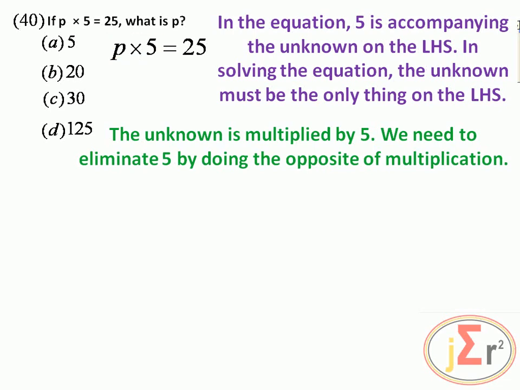We need to eliminate 5 by doing the opposite of multiplication. And what is the opposite of multiplication, Jerry? Division. Right, division. That means we need to eliminate the 5 by division. So we have the 5 right there accompanying the unknown by multiplication. We need to eliminate that 5 by doing the opposite of multiplication, which is division.